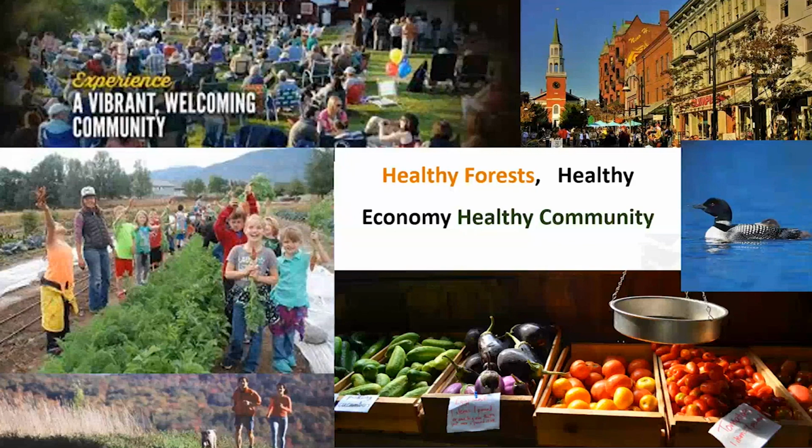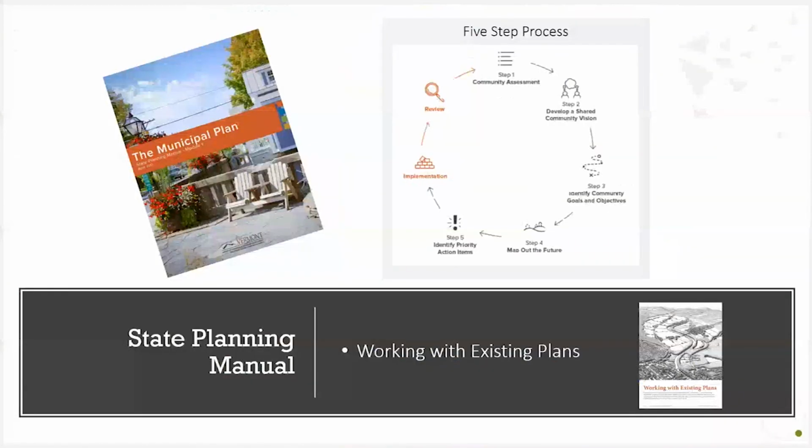One of the ways that you can work through this balancing act in dealing with forest integrity is to go through the 5-step process laid out in the state planning manual. We're going to walk you through those 5 steps of an iterative planning process.